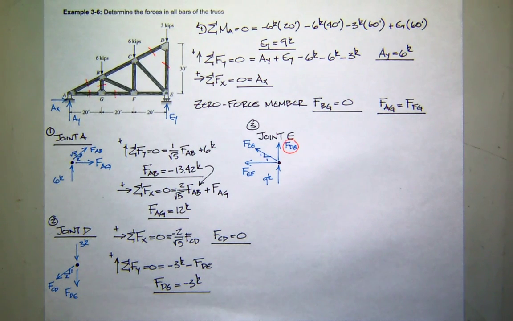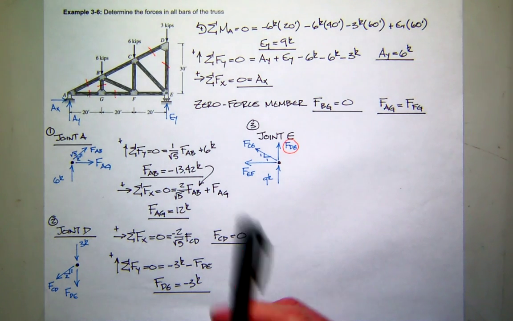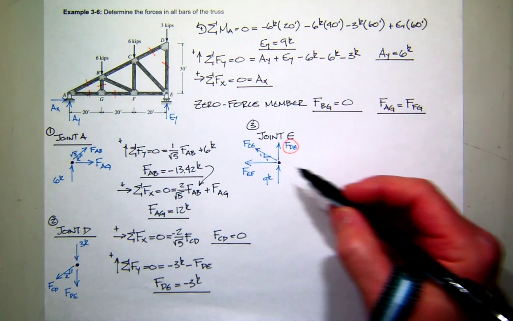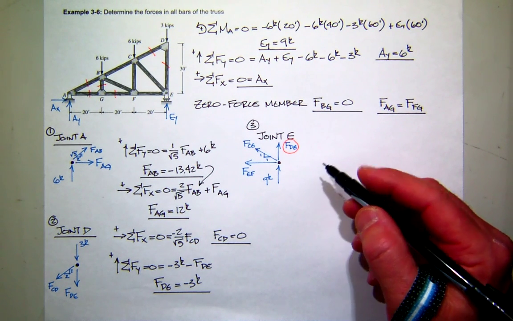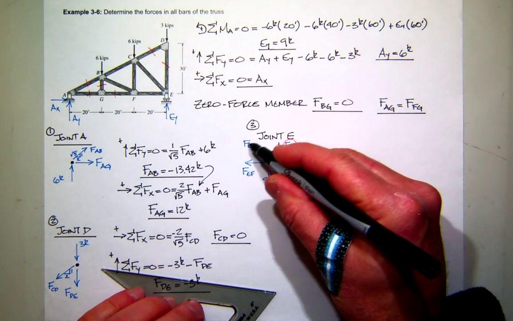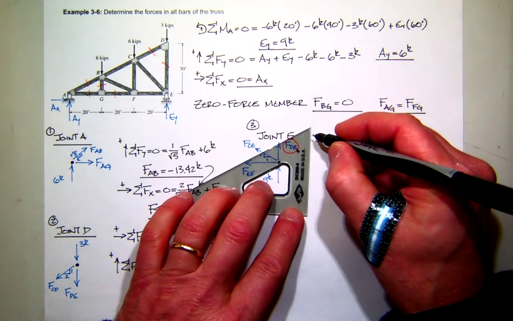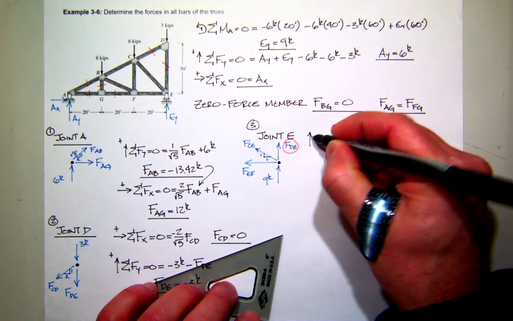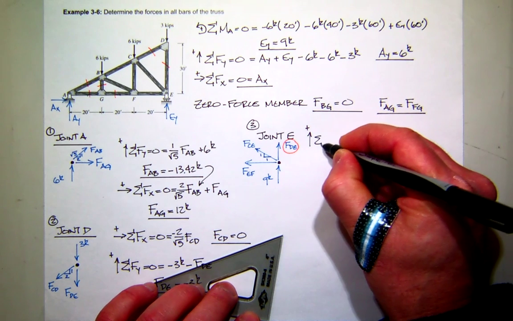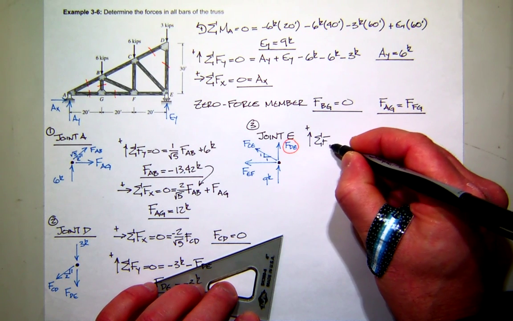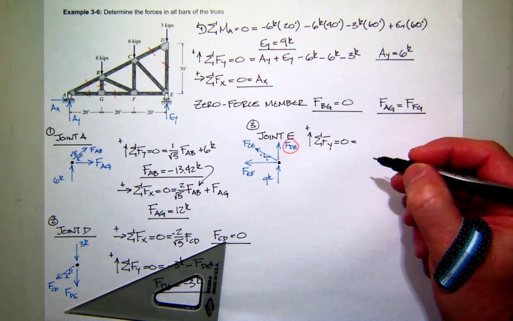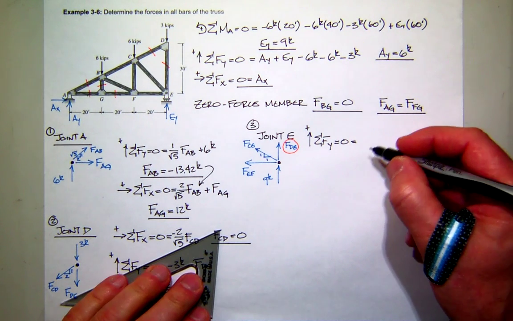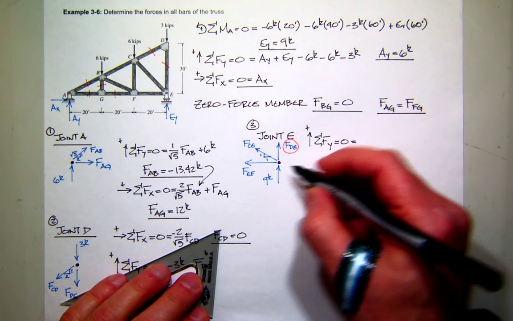So with that as a background, should we sum forces in the X direction or Y direction first? Y direction, because CE is the only one with a Y component. So we'll assume up is positive, and we'll sum forces in the Y direction to make sure we're in equilibrium. So let's start.